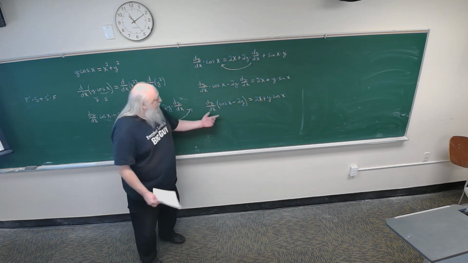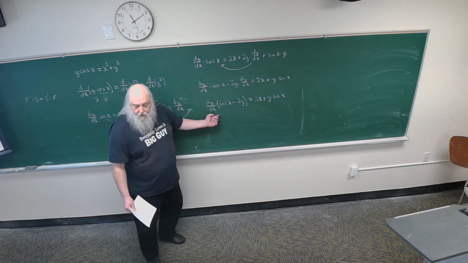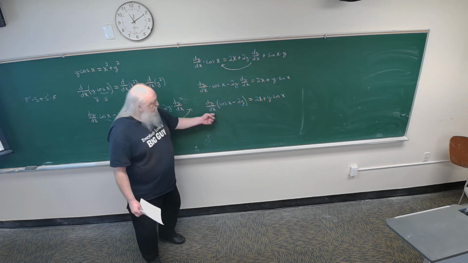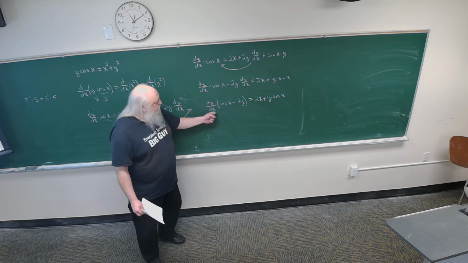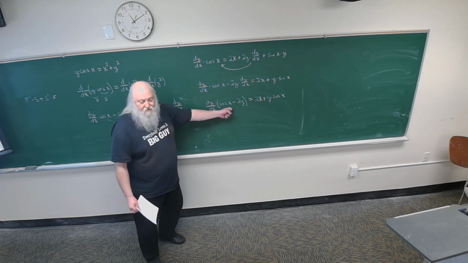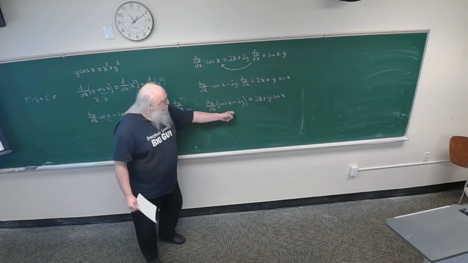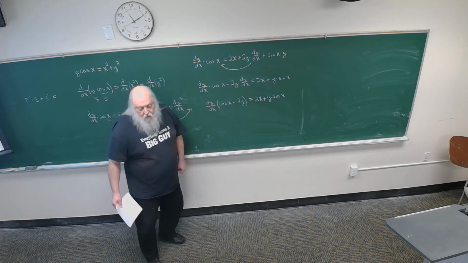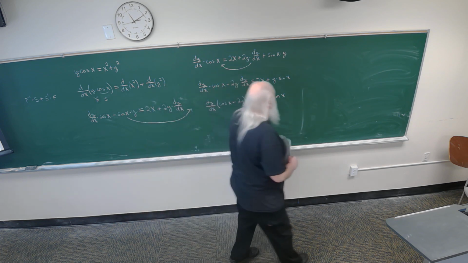Well, this is a product on the left-hand side, right? So I can divide, right? This is product of two factors. Dy over dx is the first factor. What's in parentheses is the second factor. So I can divide both sides by what's in parentheses and isolate the dy over dx on the left-hand side.